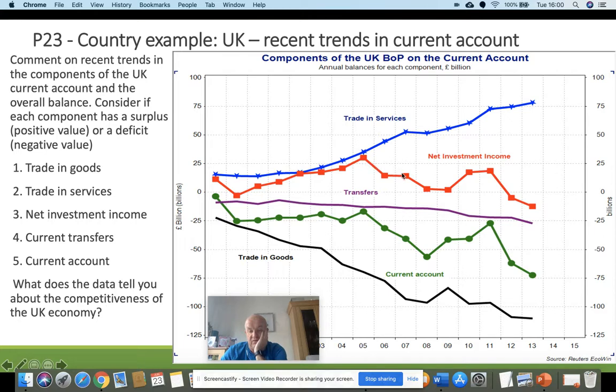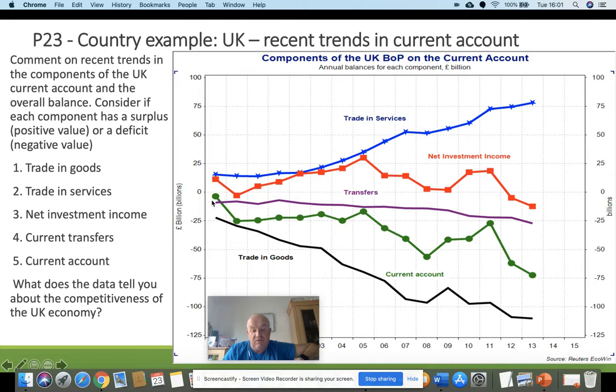Then there's a slight drop, and then a significant drop around about 2008, 2009, an increase, and then obviously a decrease down into 2012, down through to 2013 and into 14. Transfers, again, money transfers generally are going to be a negative because they are transfer payments that we're making, okay?